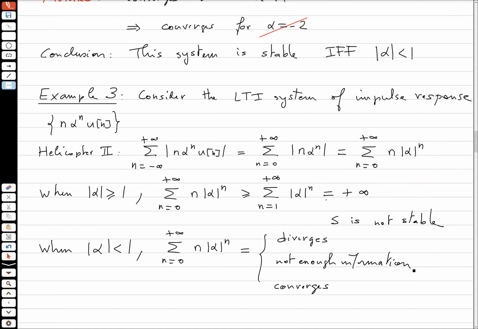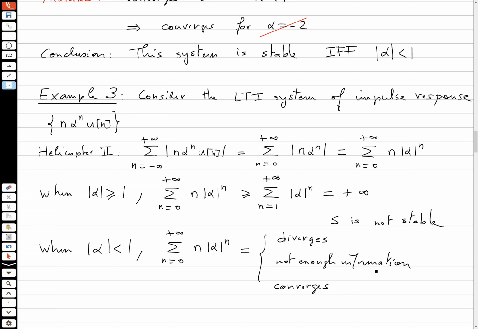Okay, so different. Here you have to see that there's a conflict. Alpha to the n goes to 0, n goes to plus infinity. All right, so 2 different tendencies. They are going to fight against each other. You understand that? So either one of them always wins, and depending on which one, it may always diverge or it may always converge, or there is a kind of not enough information.